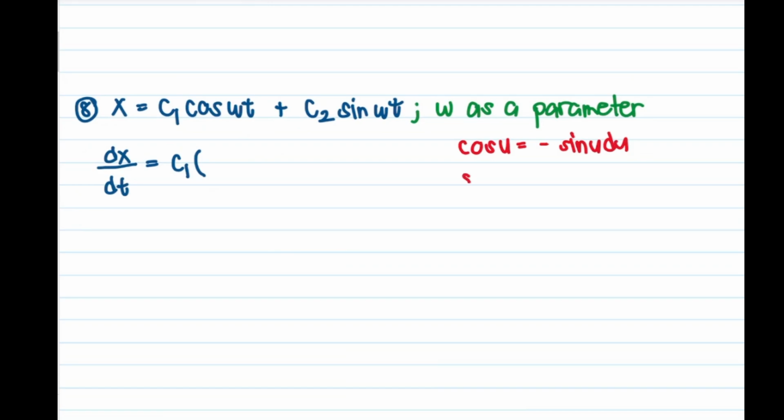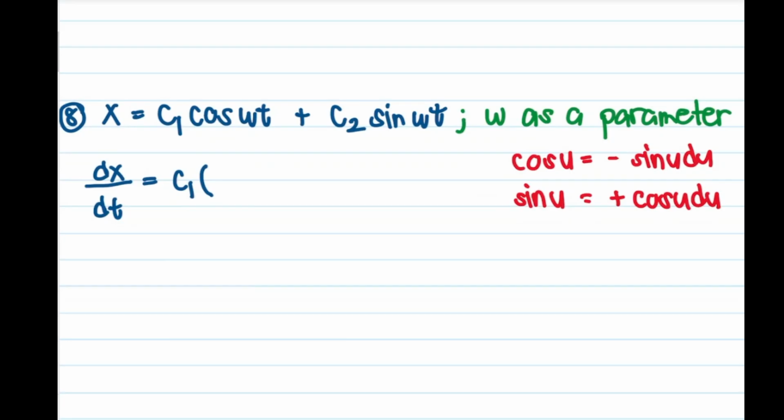And the derivative of sine u is equivalent to positive cosine u du. Okay, so this one will be your derivatives for both cosine and sine. So let's take the derivative of cosine wt. So that one will be negative sine wt multiplied to w, because the derivative of wt is w.